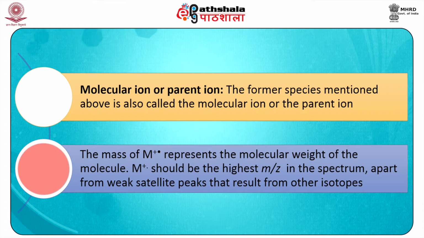The mass of M+ dot, that is the radical cation, represents the molecular weight of the molecule which is under scrutiny or whose mass is to be determined. Now the radical cation M+ dot should be the highest m/z in the spectrum, apart from weak satellite peaks that result from other isotopes.